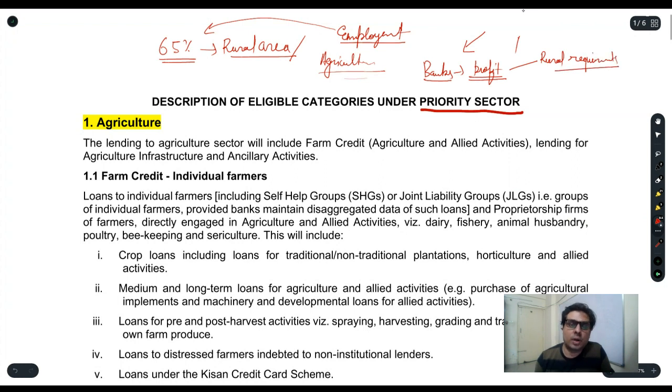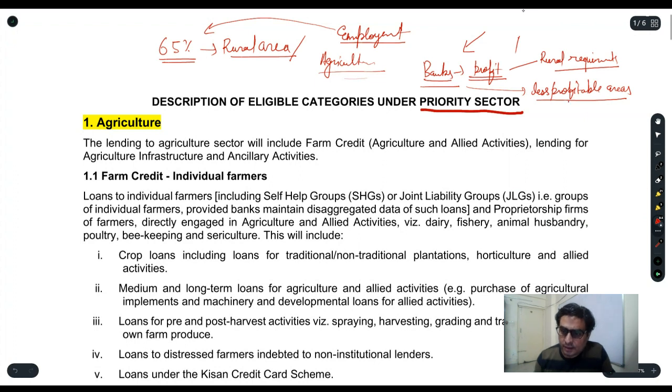Why? Because these rural requirements do not have a good amount of profit, so banks are generally not interested, right? So there is a need to push banks so that they can also focus on less profitable areas, right?